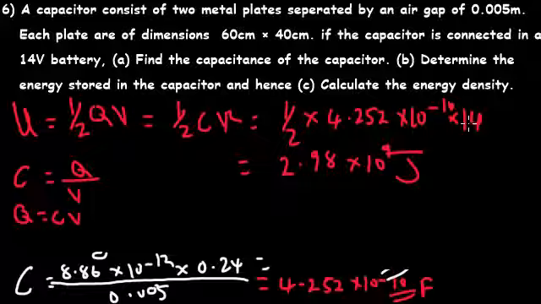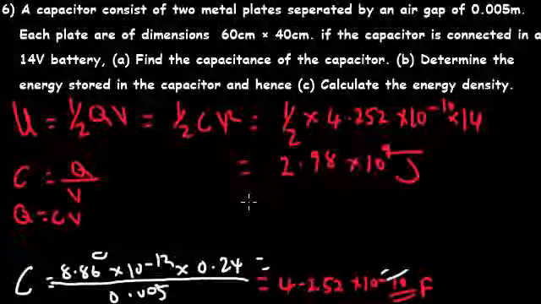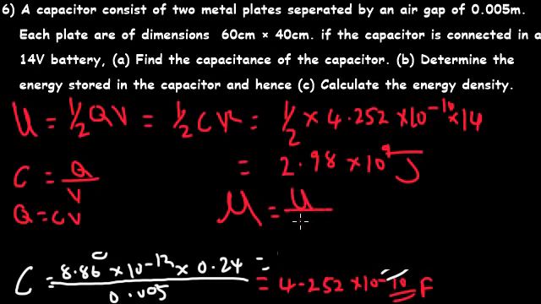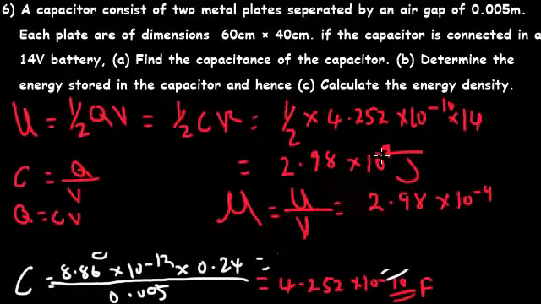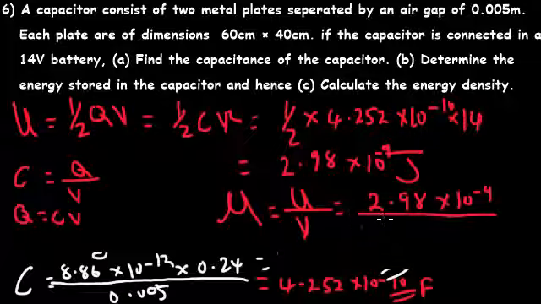And up next is the energy density. Remember, energy density tells us how much energy the capacitor can store per unit volume. So mu is equal to U, the energy, divided by the volume. The energy is 2.98 times 10 to the power of negative 9, divided by the volume, which is the product of the cross-section area, the area of one of the metal plates, and the separation distance.